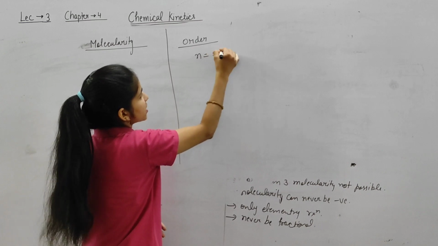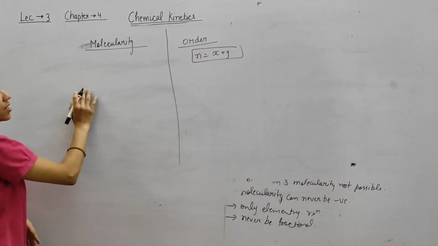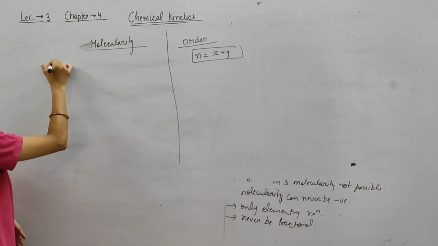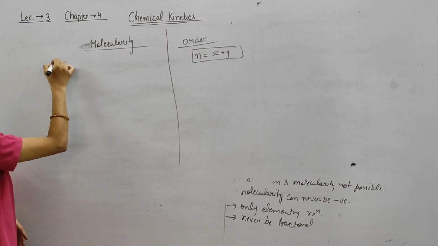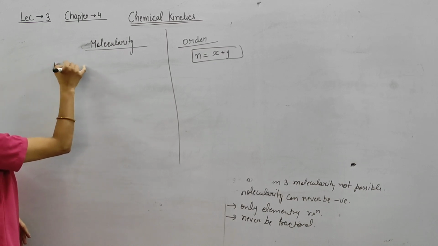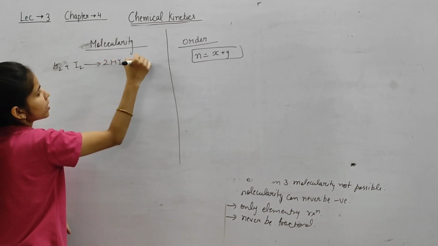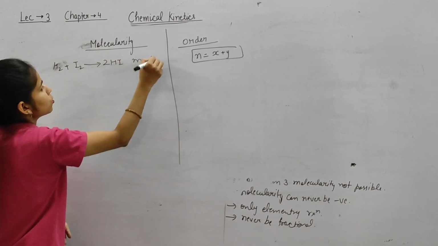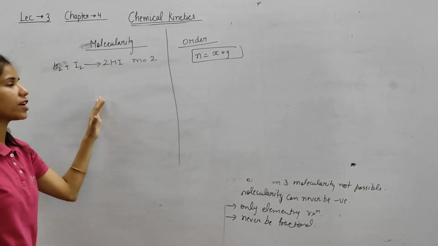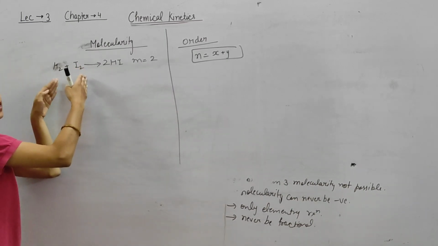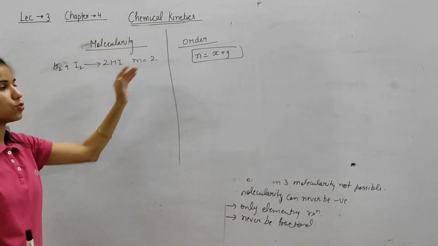Order is x plus y we can represent, and here for molecularity, for example, we are taking H2 plus I2, they form 2HI. So molecularity is 2. From this we are finding out molecularity, like we are having reactants that are converted into product. So molecularity is 2.